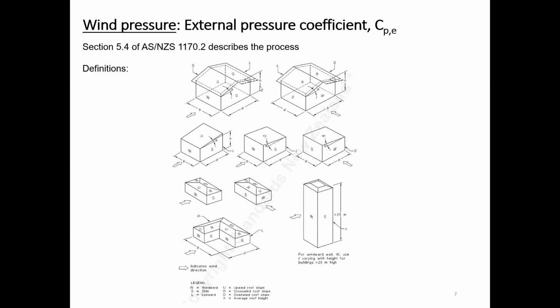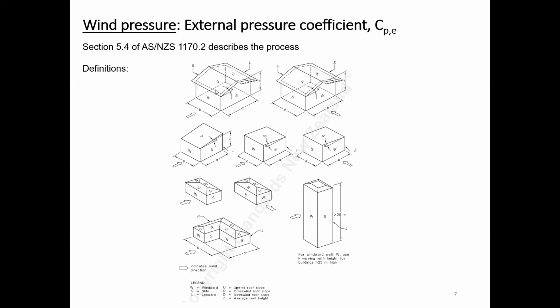Firstly, we need some definitions. In the code for various buildings, it gives you definitions of windward wall, leeward wall, side walls, the upwind side of the roof and the downwind side of the roof. They call it windward wall, W, side wall, leeward wall, which should be quite straightforward.